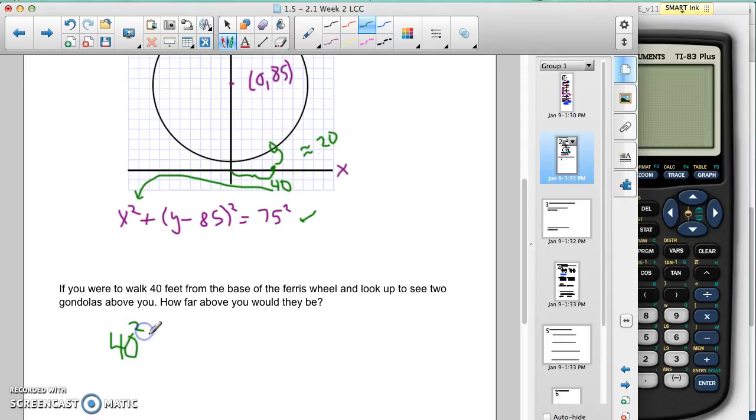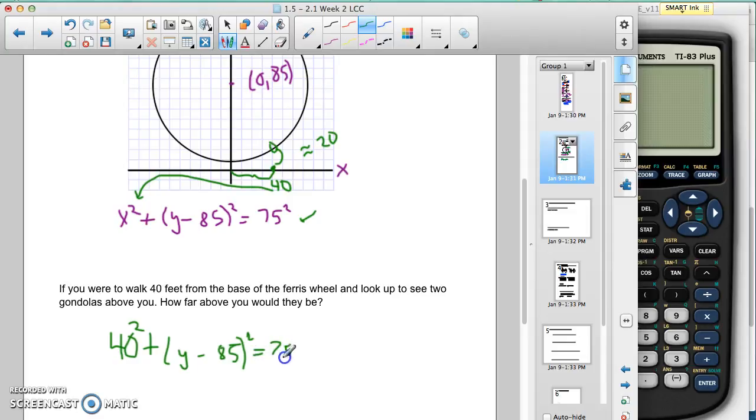So you're going to get 40 squared plus (y minus 85) squared equals 75 squared.